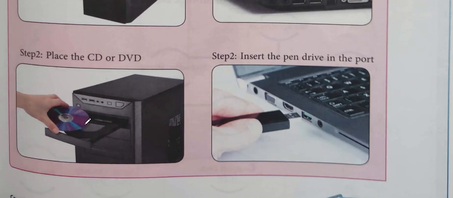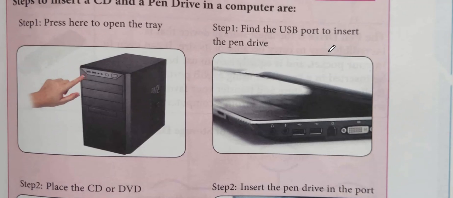when we insert that CD inside the tray, it shows us a message that you have inserted the CD, we have recognized that CD, and now you can transfer the files into it. Same thing with the pen drive also.